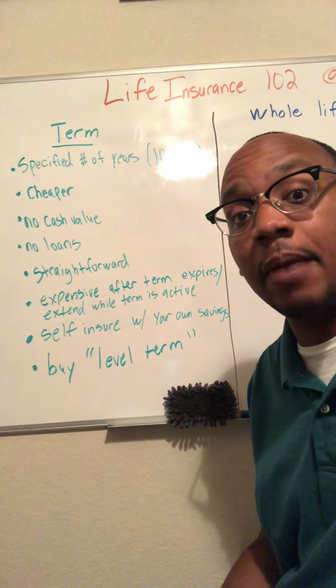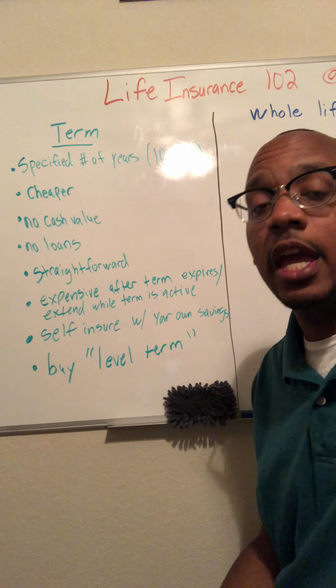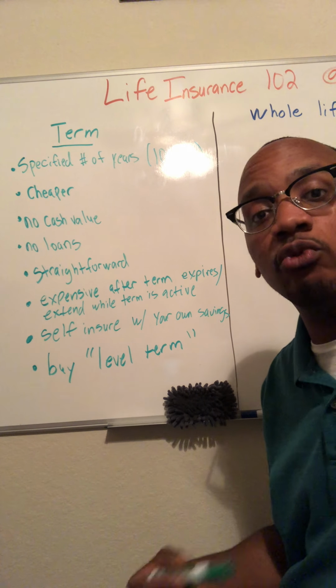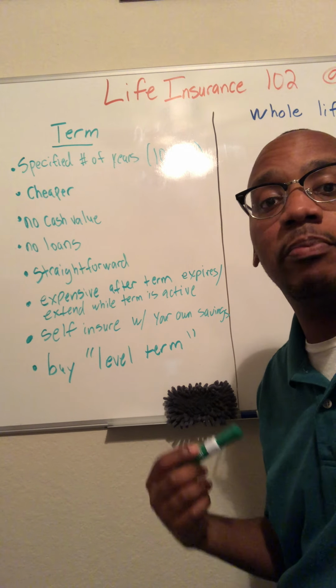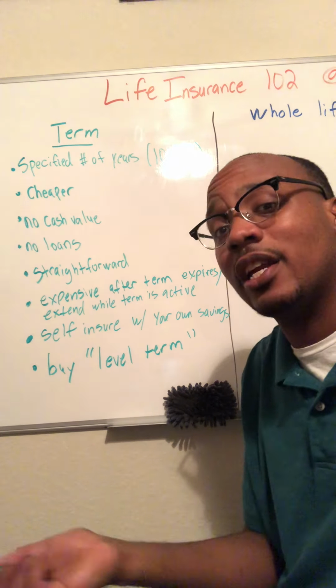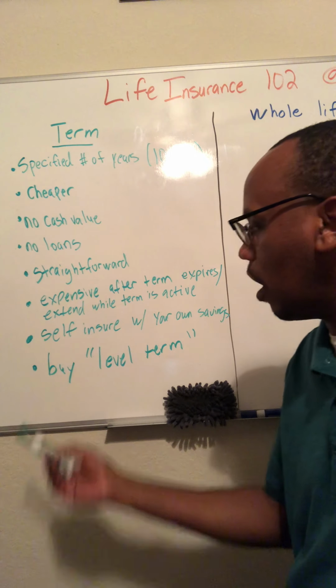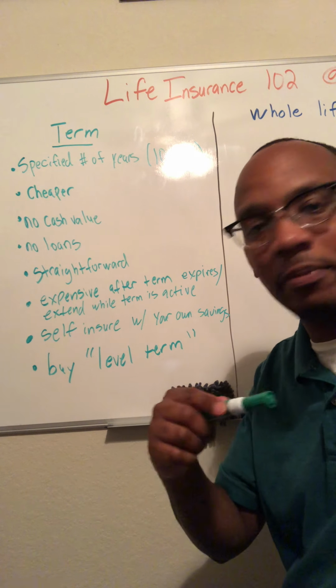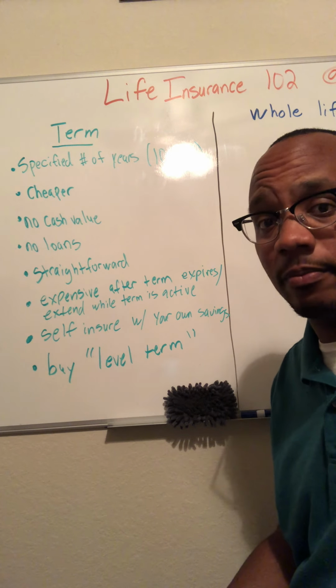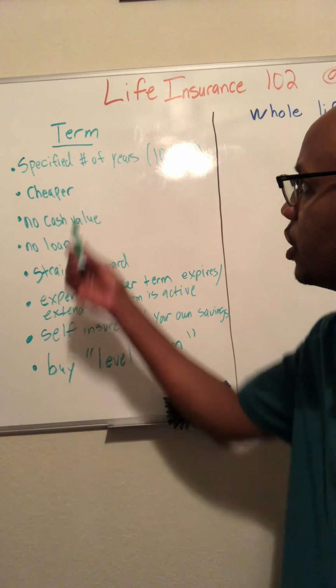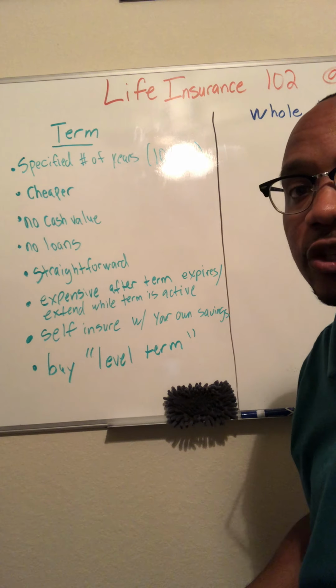So you're going to pay the same amount each month the entire time. If you don't, they'll have annual renewals and your premiums will go up because, of course, you're getting older or you might catch a health condition that you didn't have previously. So always buy a level term. Your premiums are going to stay the same the entire time. All right? So that's a general overview of term insurance.